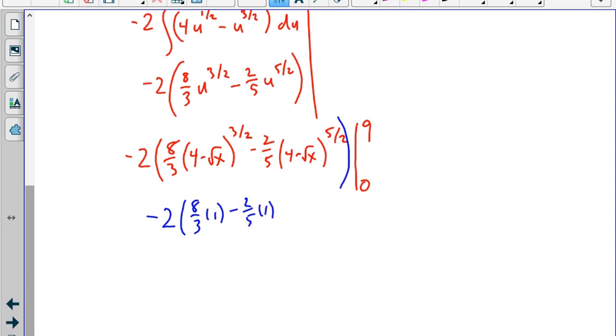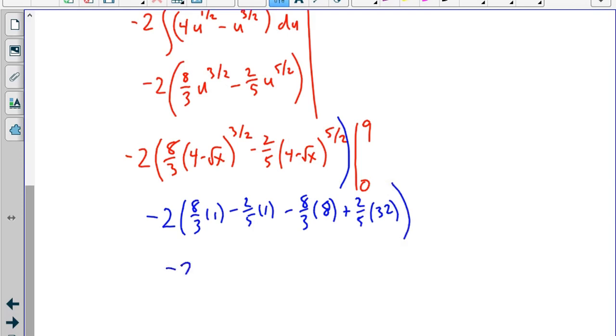And now I have to subtract what happens when I sub in 0. So in this case, when I sub in 0, I get 8/3 times 4 to the 3/2, which is 8, plus, because I have minus a negative, 2/5, and then 4 to the 5/2 is 32.